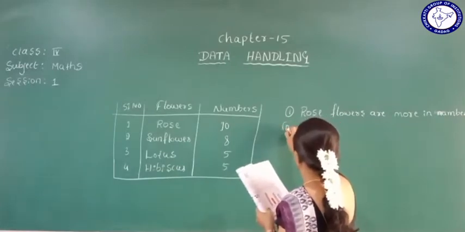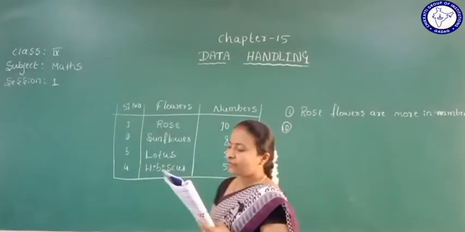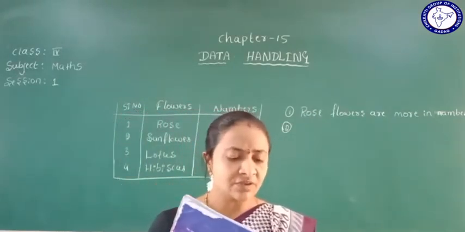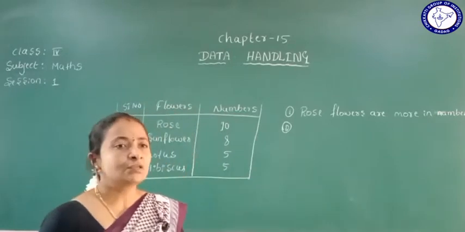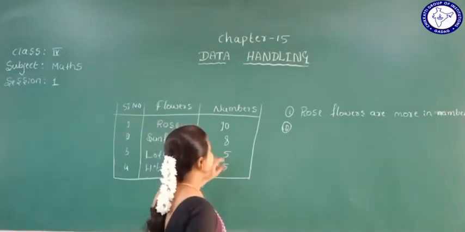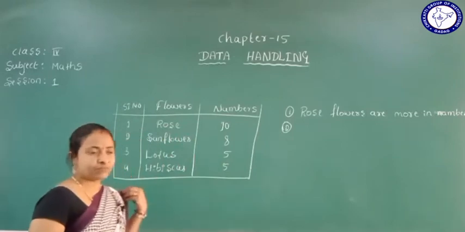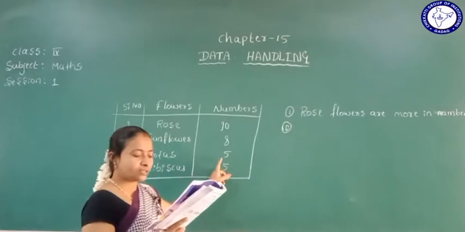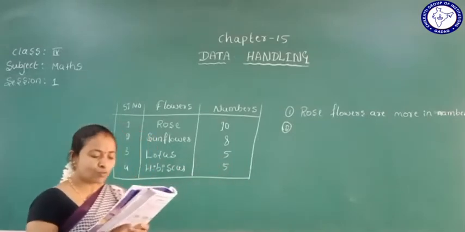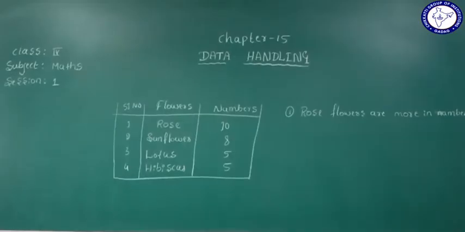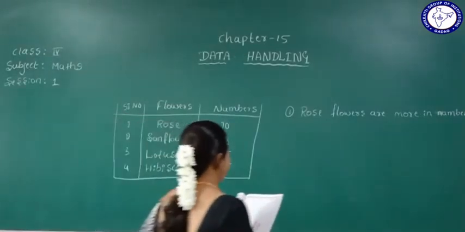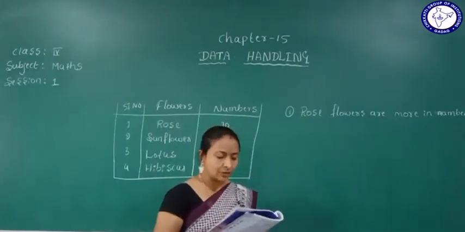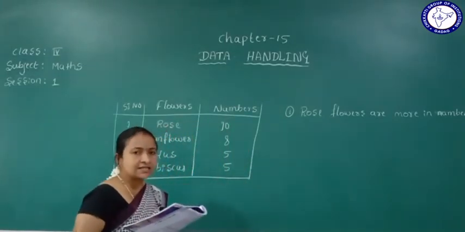The second question is: which flowers are less in number? Here there are 2 flowers with the same number. Those are lotus and hibiscus. So both are less in number. The first one we already wrote: rose flowers are more in number. And which flowers are less in number?